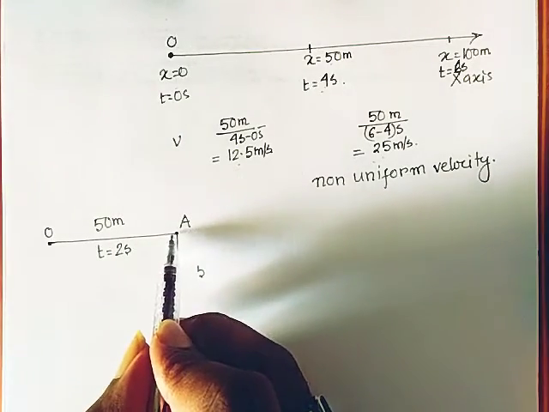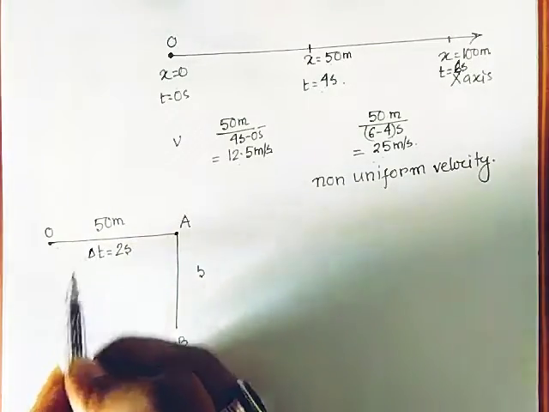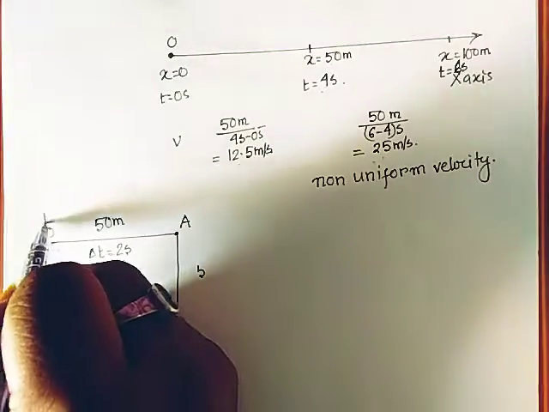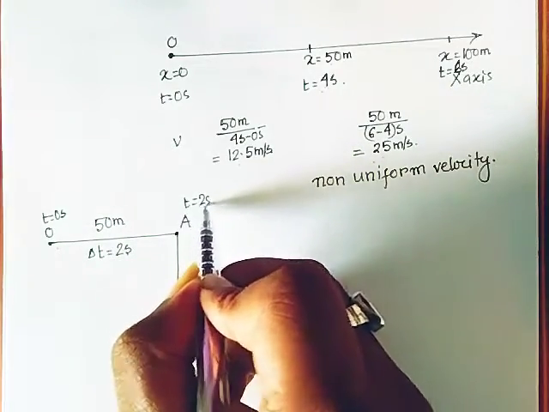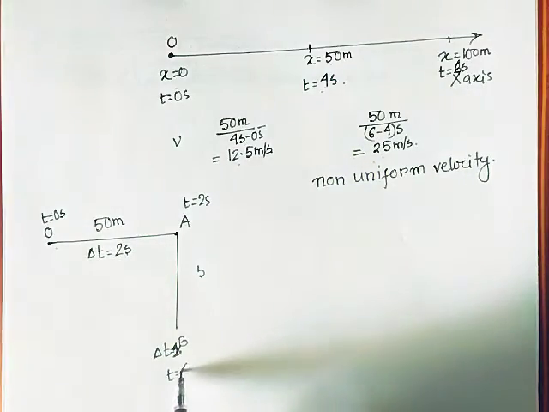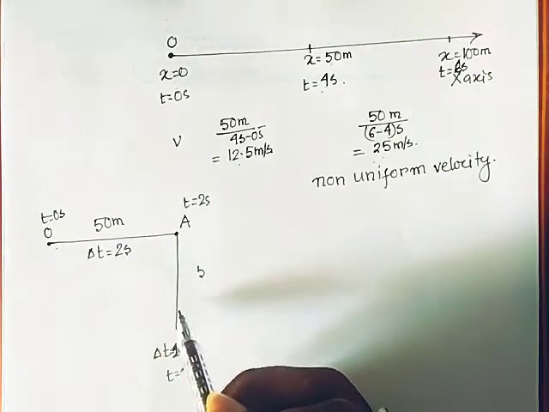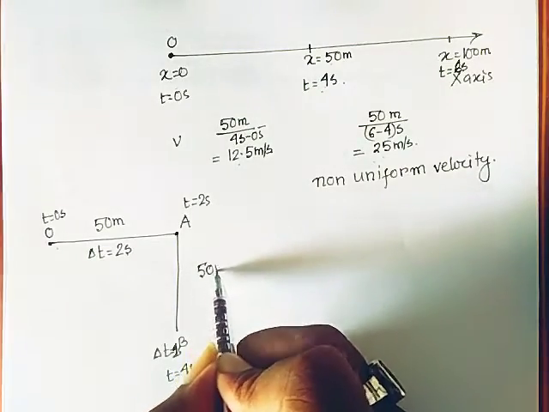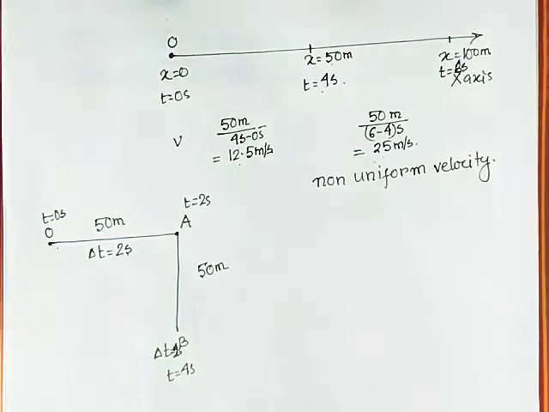That is, here it reaches at 2 seconds, here is 0 second. The time interval is del t, 2 seconds, and again 2 seconds. That is, it is at t equal to 0 second, at t equal to 2 second, and at t equal to 4 second. Time interval in each case I have taken uniform or equal, that is 2 second, and the distance from A to B and O to A is 50 meter.